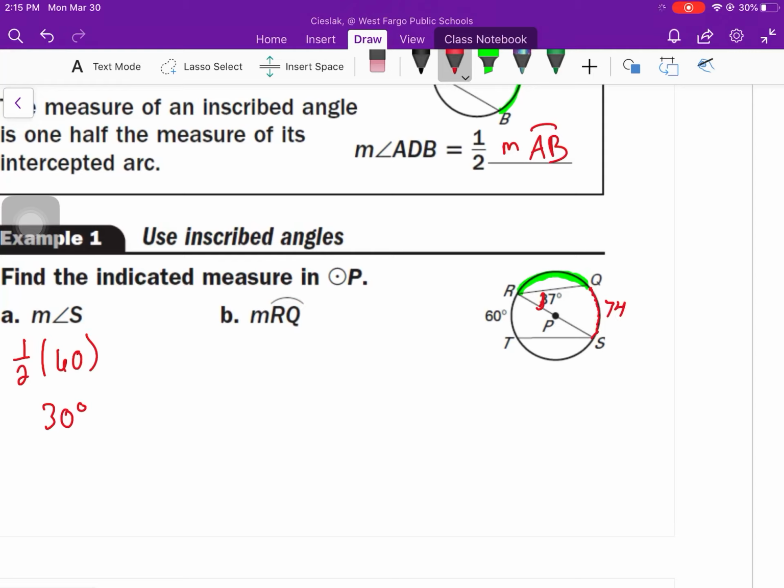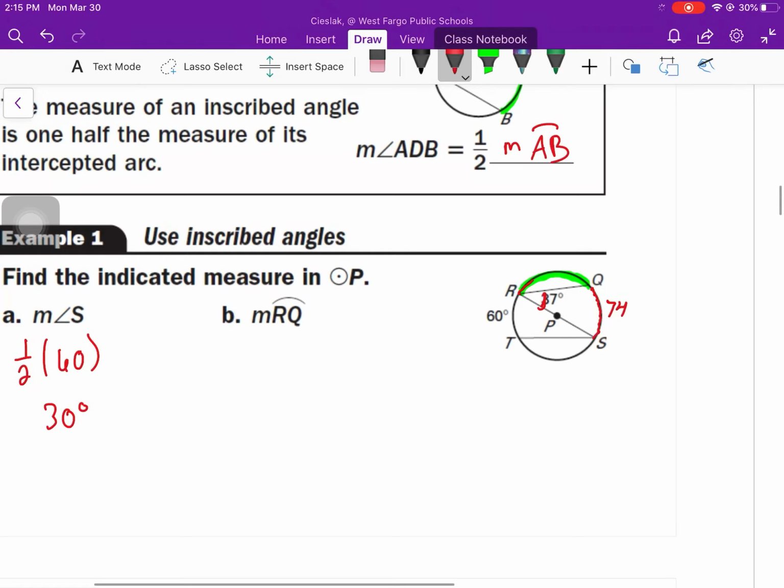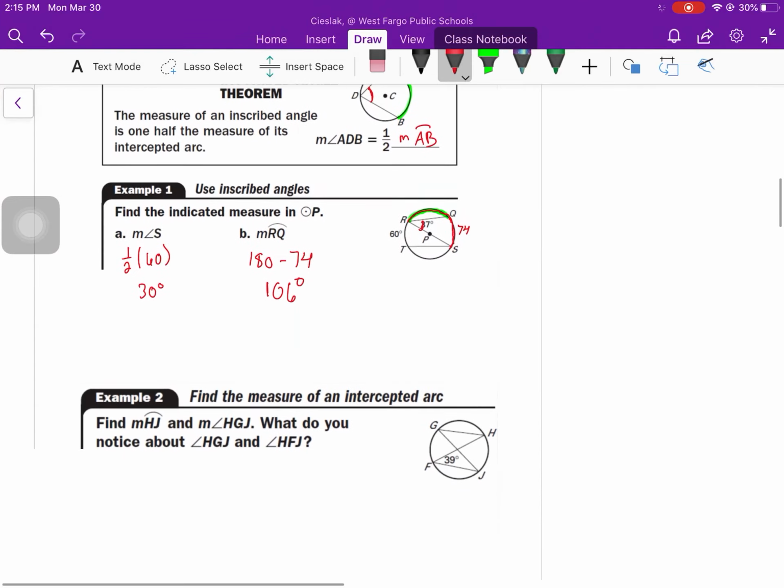I'm going to scribble that in red, because it's twice whatever the inscribed angle is. Now, if we look at that entire piece, the green plus the red, that's got to add up to 180 because we have a diameter there. So in order to find RQ, I could just go 180 minus 74, which gives me 106 degrees. We just had to fill in a little bit of extra information there.